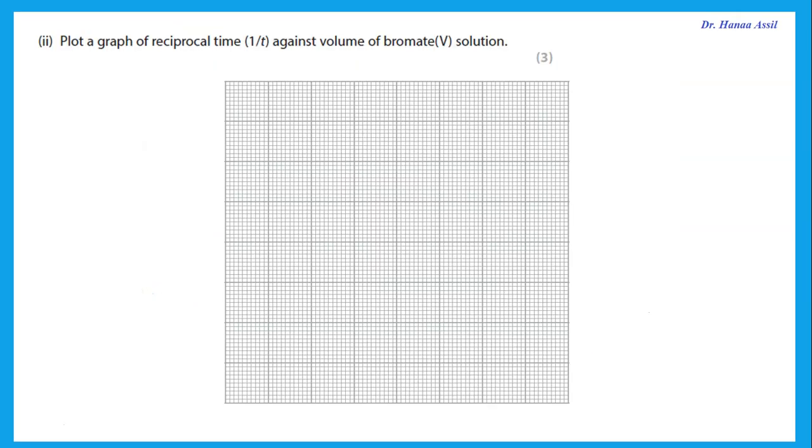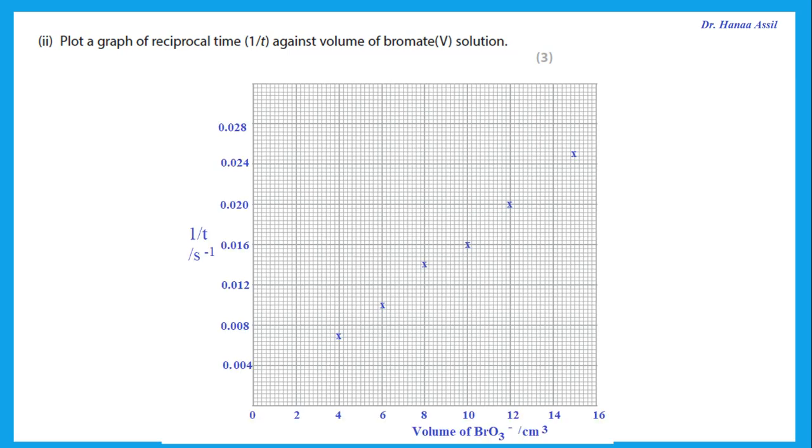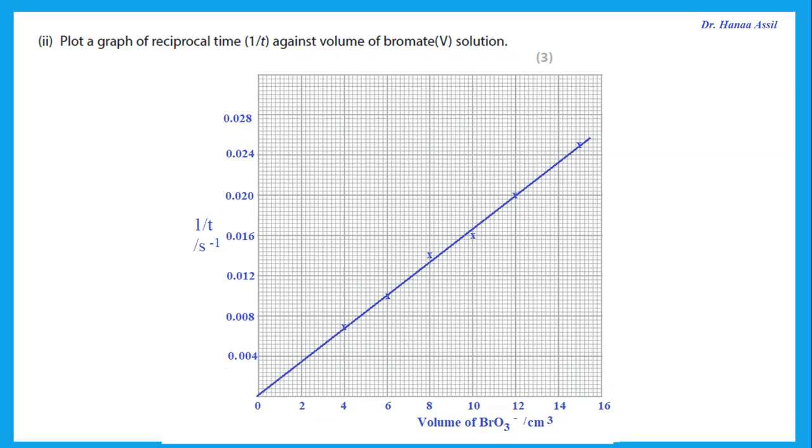Plot a graph of reciprocal time, 1/time, against the volume of the bromate. So you need to label the graph paper, or the grid as they call it, and distribute the graduations, the readings equally. Plot the points with small x's, and then we join with a line of best fit.